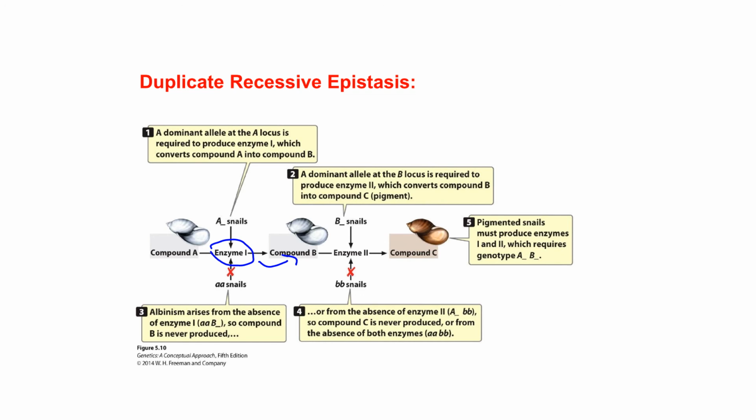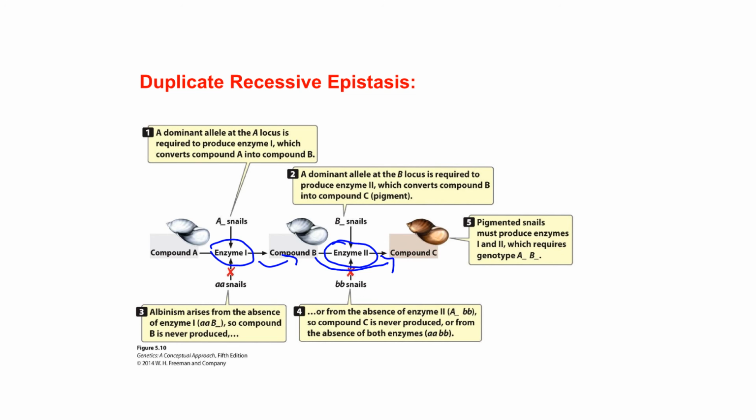Now, a dominant allele in locus B is required to produce enzyme 2, and only if enzyme 2 is present does it convert compound B, the intermediate, into the final compound C, which actually produces a pigment.